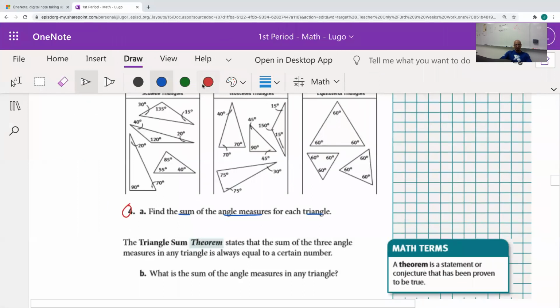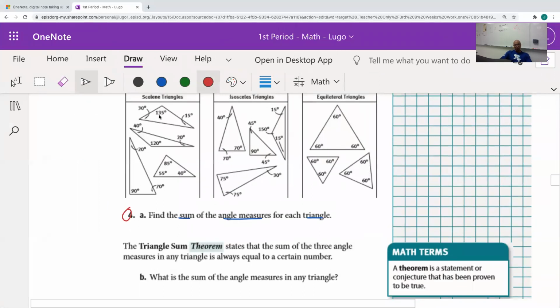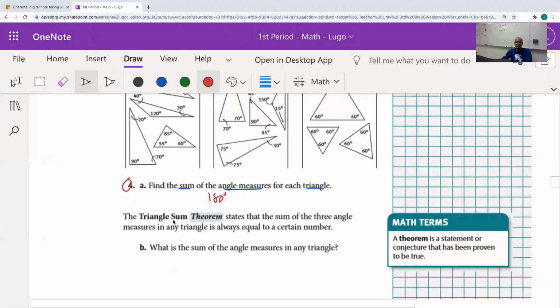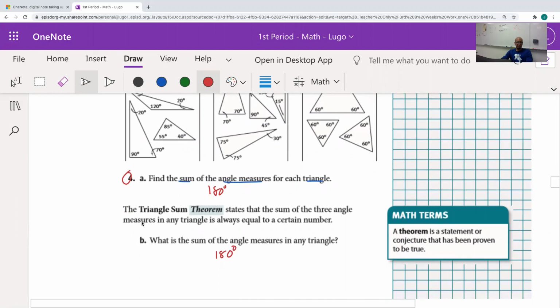And as we proved earlier, when I took the sum of each, 135 plus 30 is 165 plus 15, it is always going to give you 180 degrees. It doesn't matter. As long as it's a triangle, it's always going to be 180. That's true in real life, and it's true in the problems. What is the sum of the angle measurements? Again, it's 180 degrees. So that's super simple. I basically just gave you number 4.